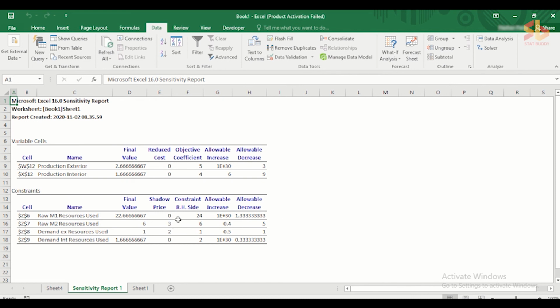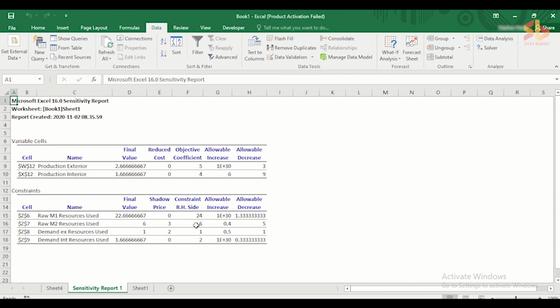So here shadow prices are 0 for the first constraint and the fourth constraint, which means if we change the right hand side values of those constraints, we can't expect a change in the objective function. But here, for the second constraint and the third constraint, we have shadow prices.